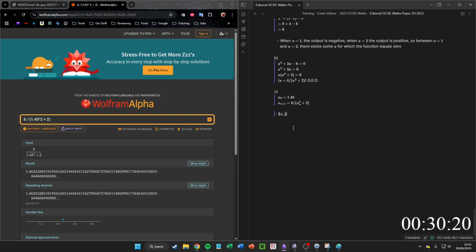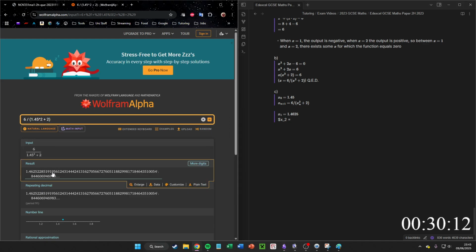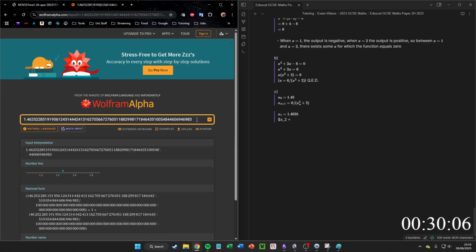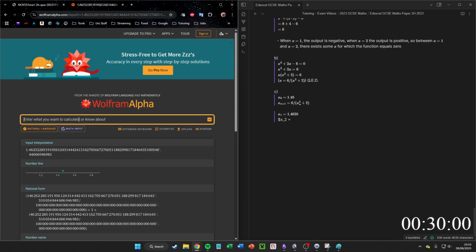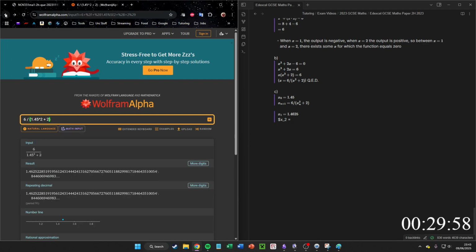So I say x1 is equal to 1.4625. And then I can just keep going. I only want it correct to 4 decimal places, so as long as I have 4 decimal places, that's fine.